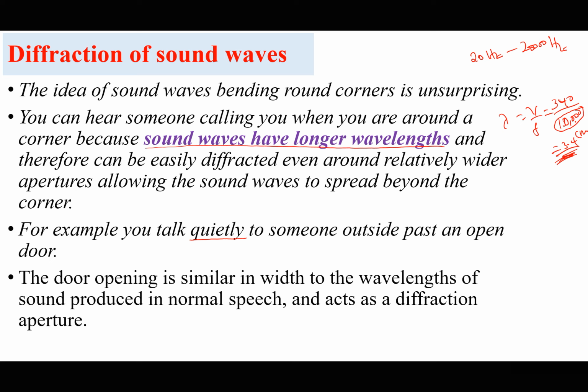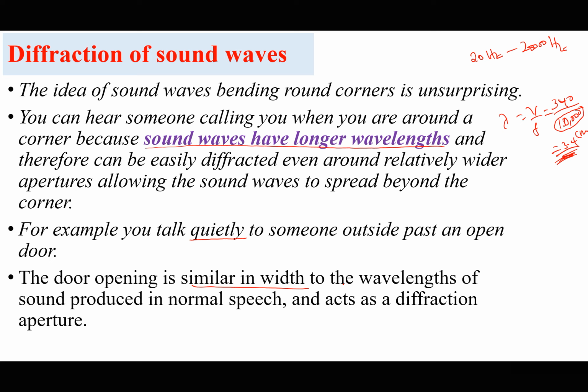I used a very large frequency, but most of the frequencies we produce are less than this, even though our ears can detect frequencies between 20 and 20,000 hertz. We don't always produce that whole range of frequencies. So the door opening is similar in width to the wavelength of sound produced in normal speech, and therefore it acts as a diffraction aperture.